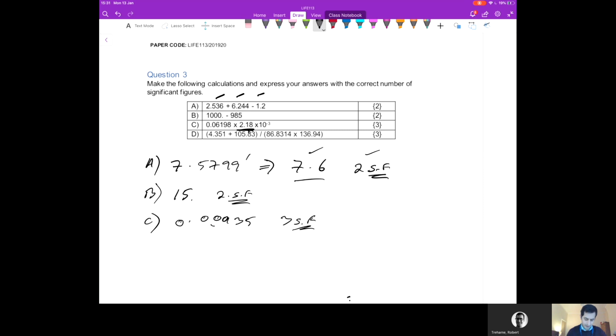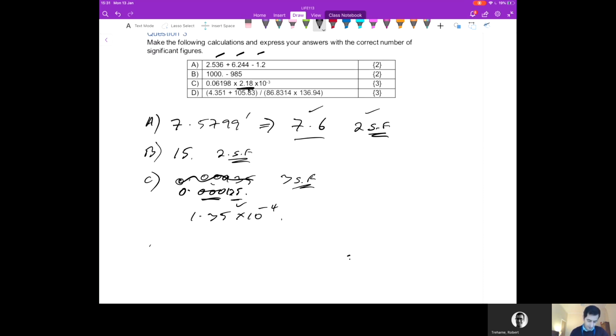I think I missed a 0 out there. It's actually 0.000135. So these zeros aren't significant, but these digits are. And you do it to 3 sig fig. You could also have written that as 1.35 times 10 to the minus 4 to get the marks.